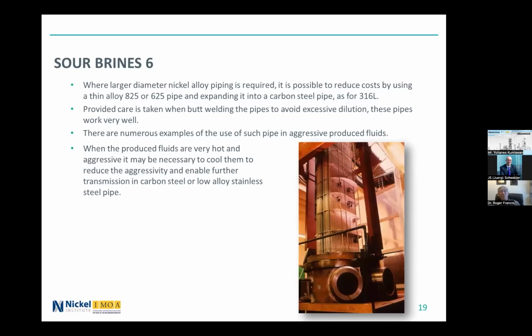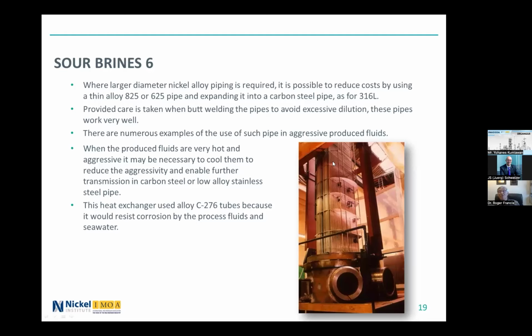Now, when the produced fluids are very hot and aggressive, it may be necessary to cool them to reduce the aggressivity and enable further transmission in carbon steel or low alloy stainless steel pipe. This heat exchanger is cooling process fluids on an offshore platform. This shows it in fabrication.